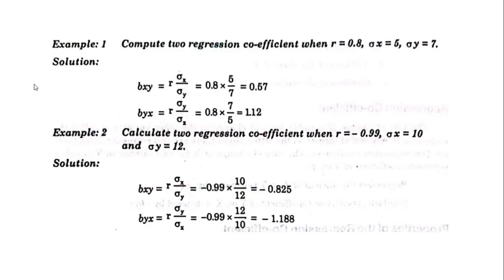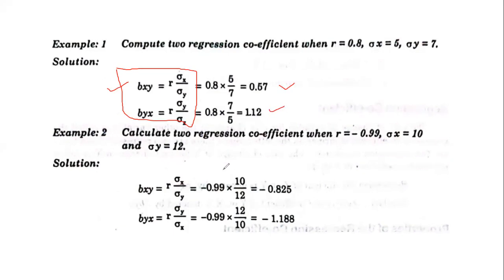Then you have to remember this formula, which establishes the relationship between the regression coefficient with the standard deviation and correlation coefficient. Remember this formula: bxy is equal to r into sigma x divided by sigma y, byx is equal to r into sigma y divided by sigma x. Just substitute these values, and you will be getting 0.57 and 1.12.